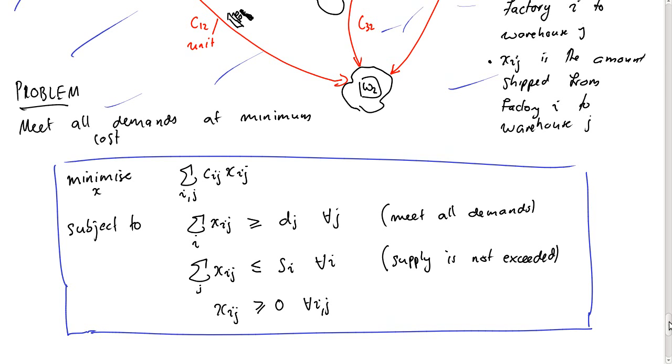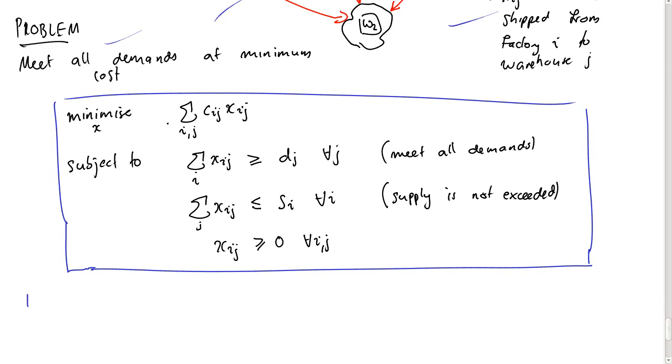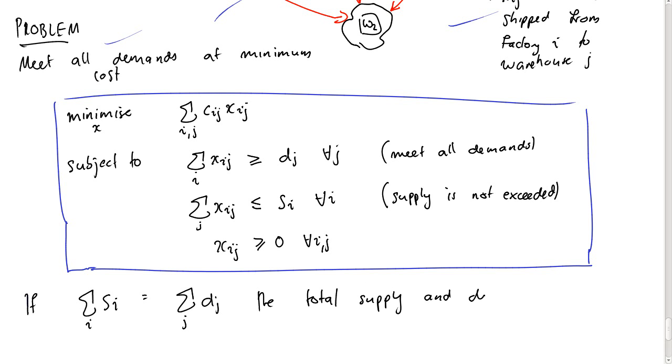One more thing to note about this problem: if the sum of all the supplies is equal to the sum of all the demands, the total supply and demand is equal, then the problem is called balanced.